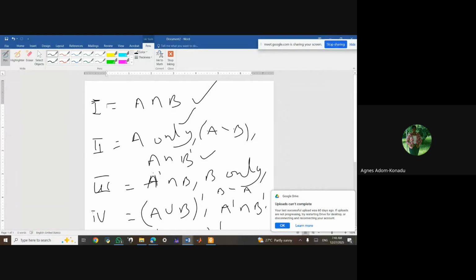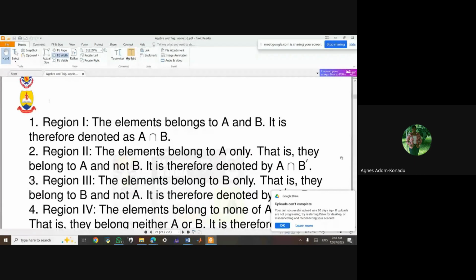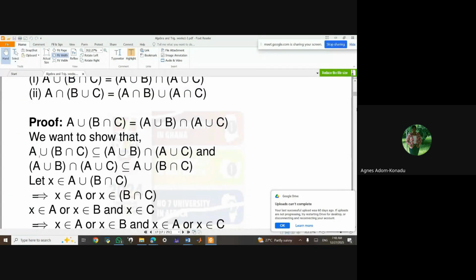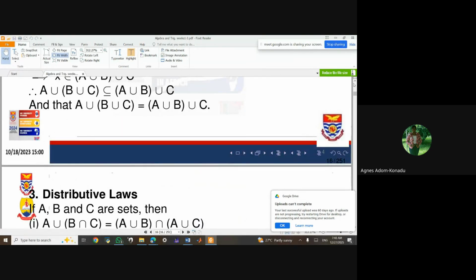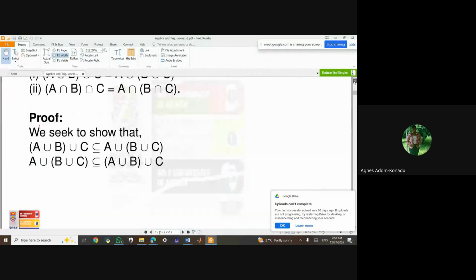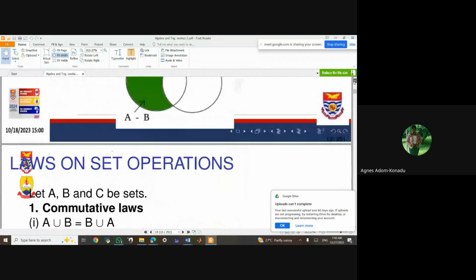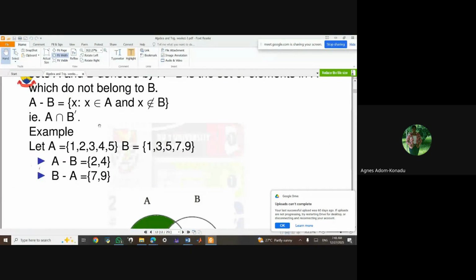But let's look at A difference B. Okay. Somebody said it is A difference B. So A difference B, the definition we looked at here, we are looking at only two sets without the universal set.